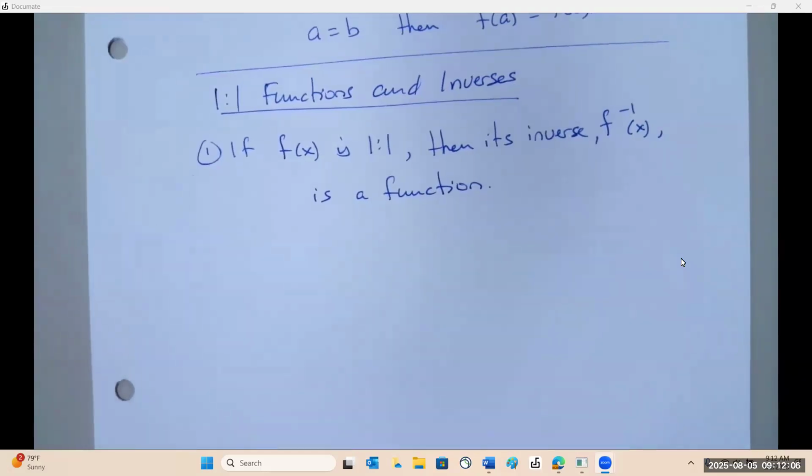What does that mean? How do we know if it's a function? Remember that rule? What rule do we use to define a function? How do we test it?